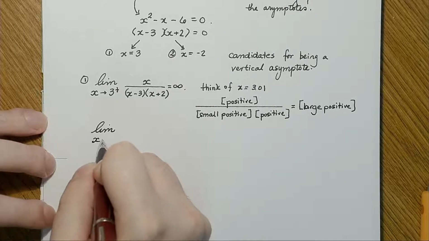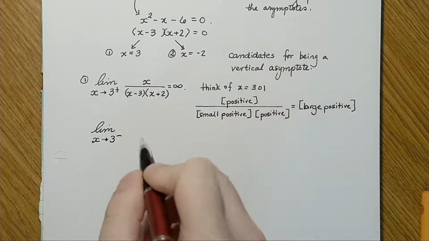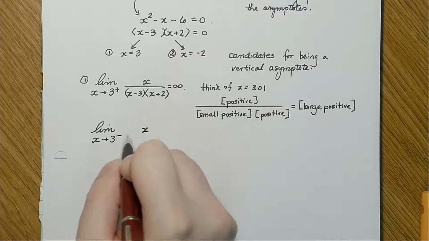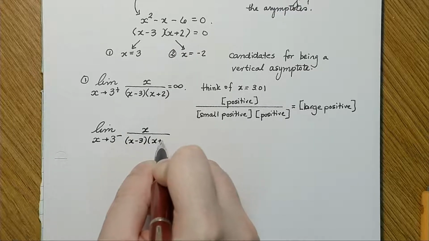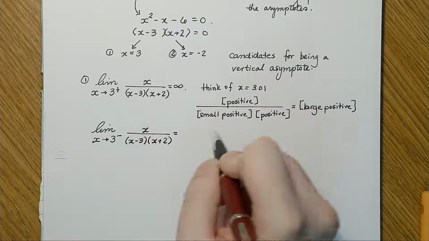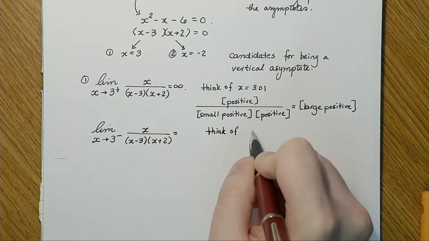Okay, so then if I think of x going to 3 minus, so it's from the left-hand side, and I have x over x minus 3 and x plus 2, and we'll say think of 2.99.